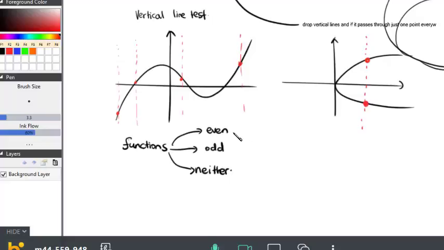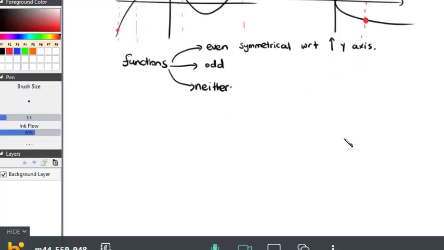So an even function is, I would say, symmetrical with respect to the y-axis. So what's an example of that?